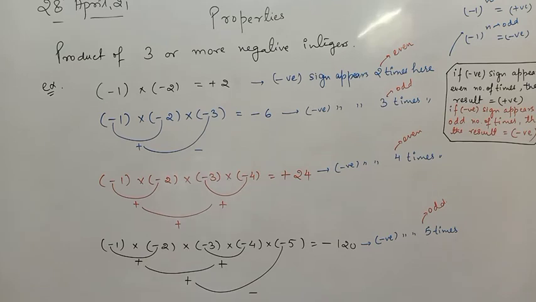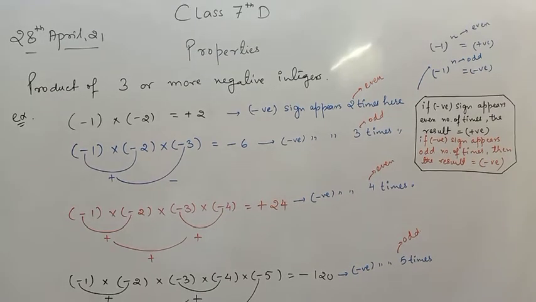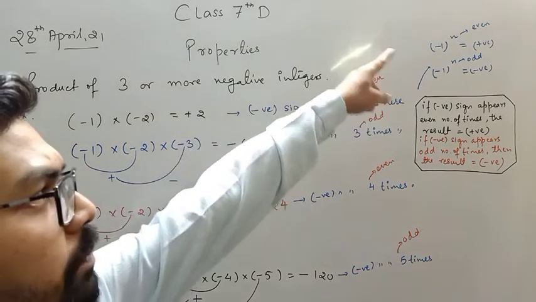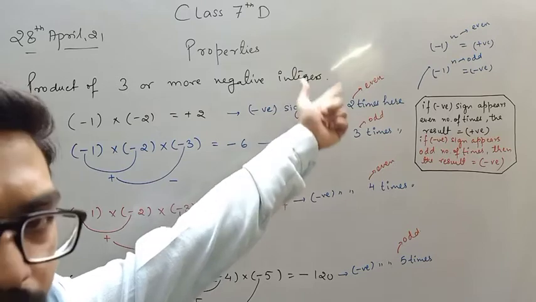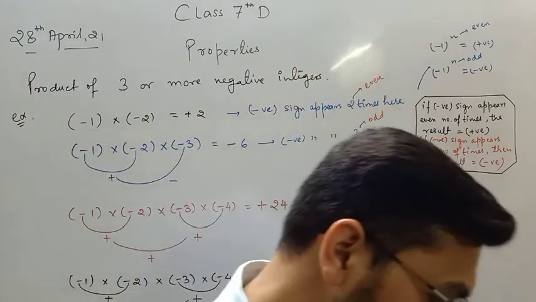or you can take a screenshot of this, and after this please note down this part also: -1 to the power n. If n is even, I mean if n equals 2, 4, I'll give you one example here.